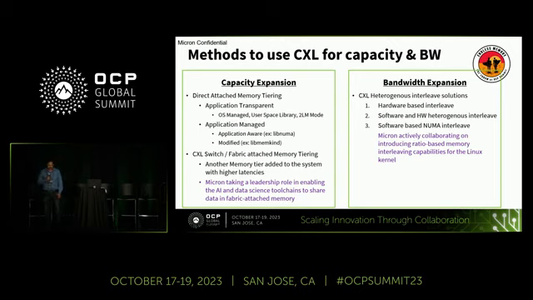Bandwidth expansion. The first approach is heterogeneous hardware interleaving, where you're interleaving between the local DRAM nodes and the CXL. Second is a software and hardware interleaved approach, where you're taking the local NUMA and dividing it into subcluster NUMAs, and then you're interleaving between the subcluster NUMA nodes and the CXL.